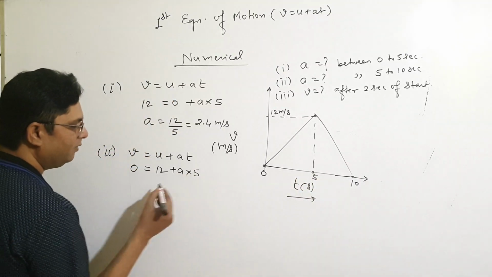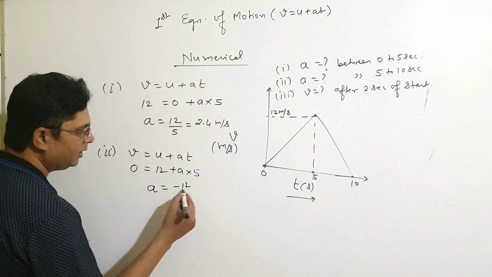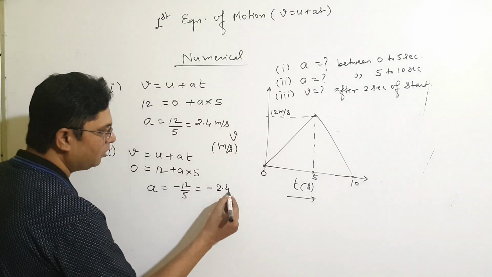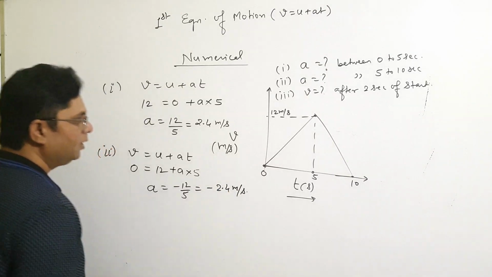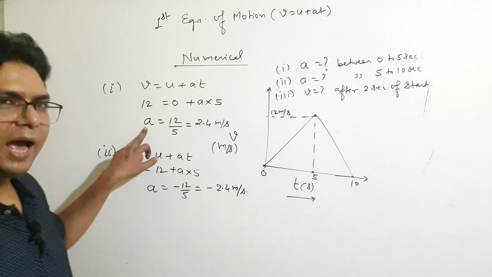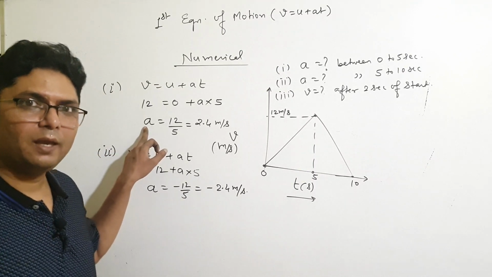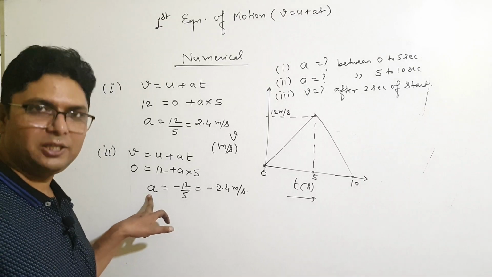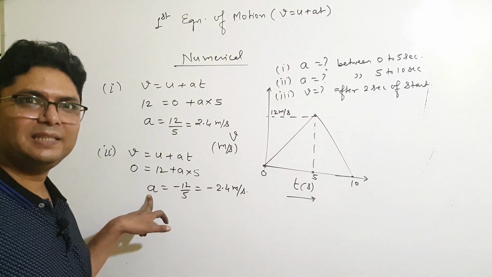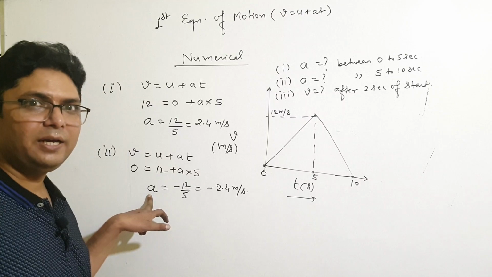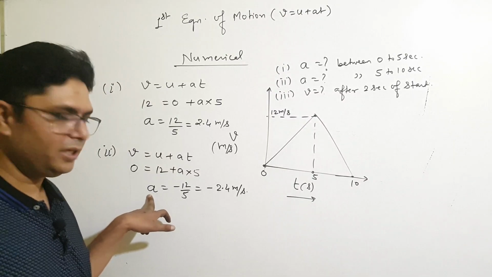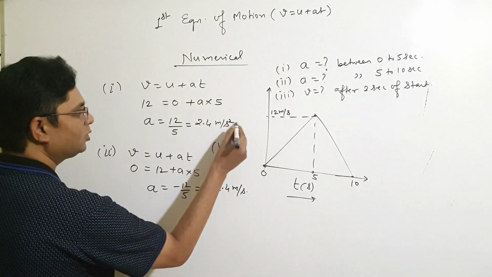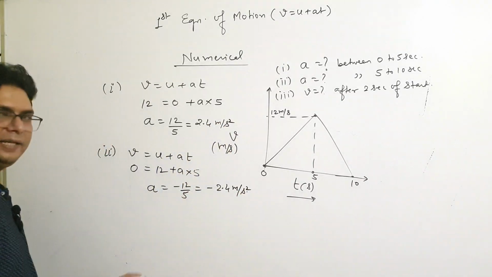So here a equals minus 12 by 5, which means a equals minus 2.4 meter per second. So here this is said to be acceleration and this is said to be deceleration or retardation. So it is minus 2.4 meter per second square. Here it will be square because it is acceleration.